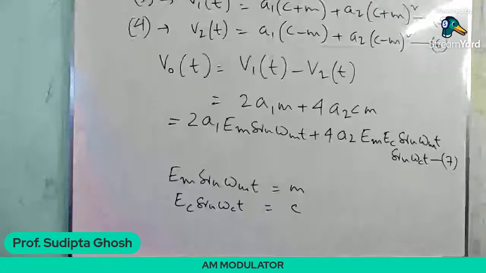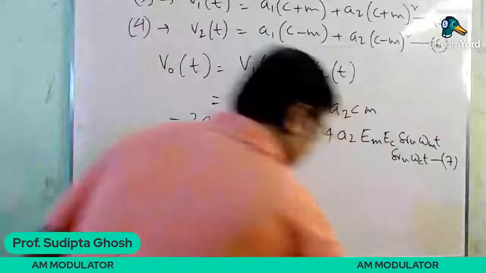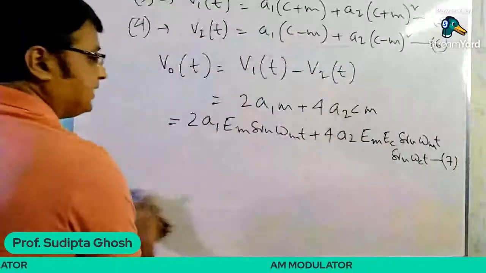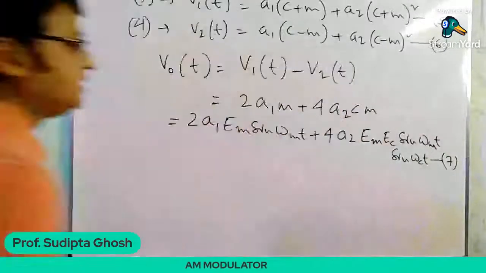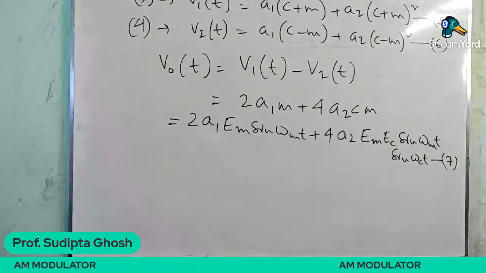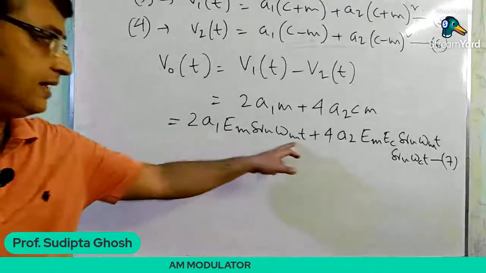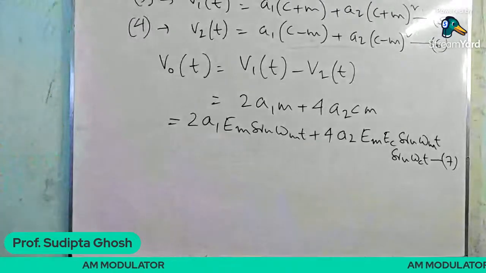Is it okay? Okay. Now from this equation 7, what do we find? We find this one is the modulating signal.